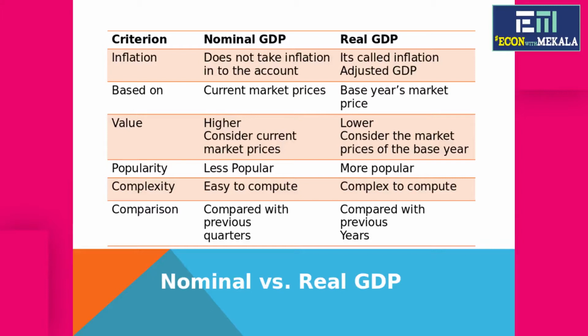There are 4 quarters in a year, so the government can use quarterly nominal GDP statistics to compare economic performance. But for real GDP, we mostly use real GDP statistics to compare with previous years or with different countries. So these are the small differences between nominal GDP and real GDP.